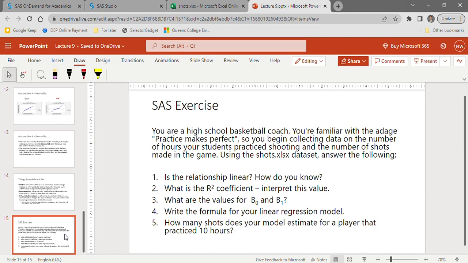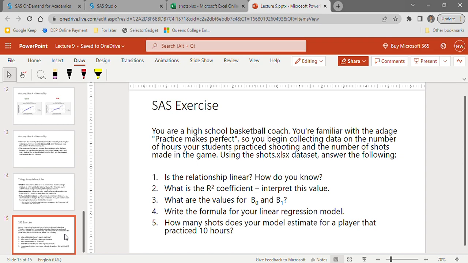Is the relationship linear? How do you know? What is the R-squared coefficient? Interpret this value. What are the values for B0 and B1? Write the formula for your linear regression model, and then let's make an estimate.